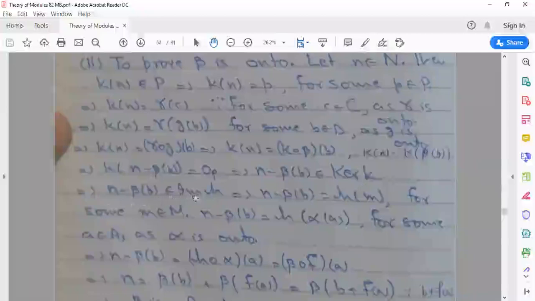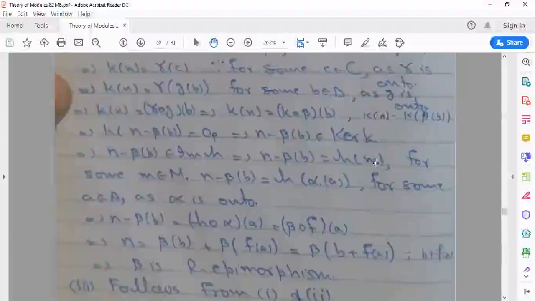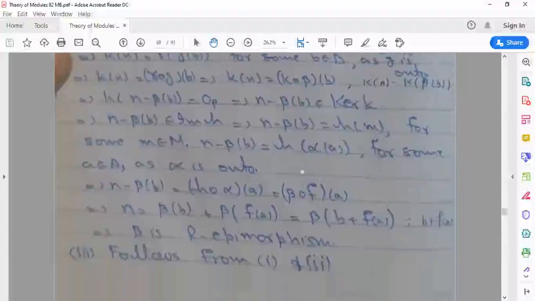Basically, image of f is when we take an element from M and assign it to h, the result will be this. So h of m is equal to n minus beta of b for some m belonging to M. After this we write h and m. Basically alpha is a function defined from A to M. So we take an element a belonging to A, assign it to the function, and the result will be m in M. So by using this, for some a, alpha is onto.